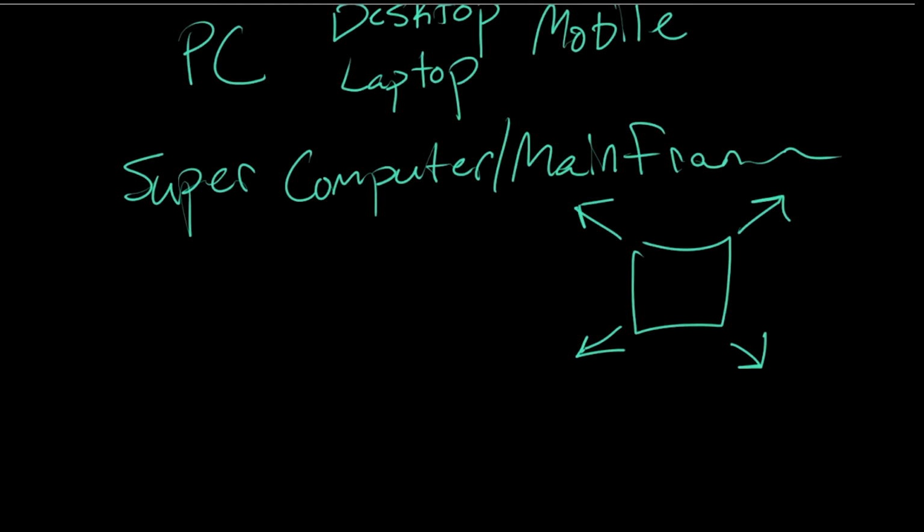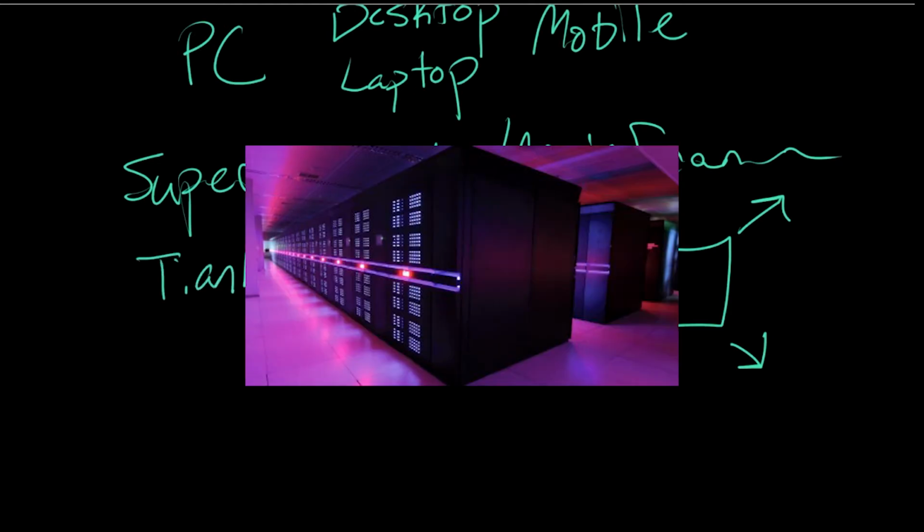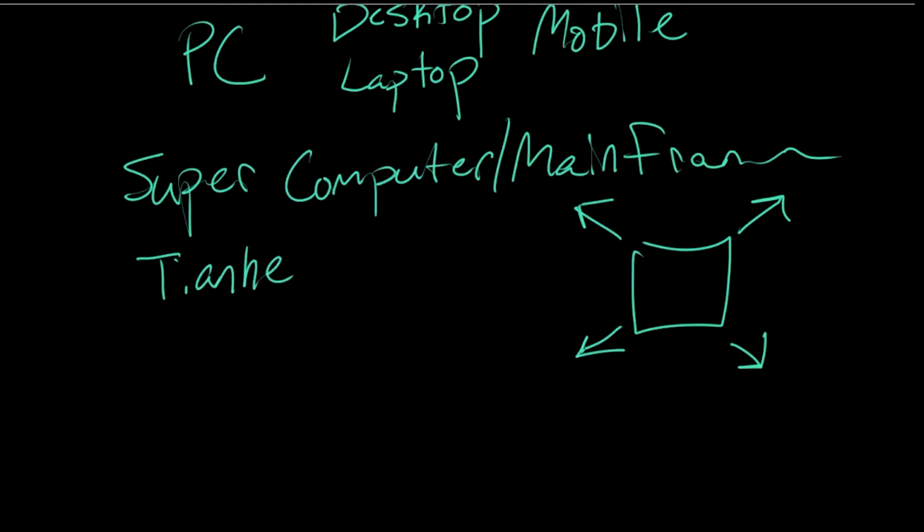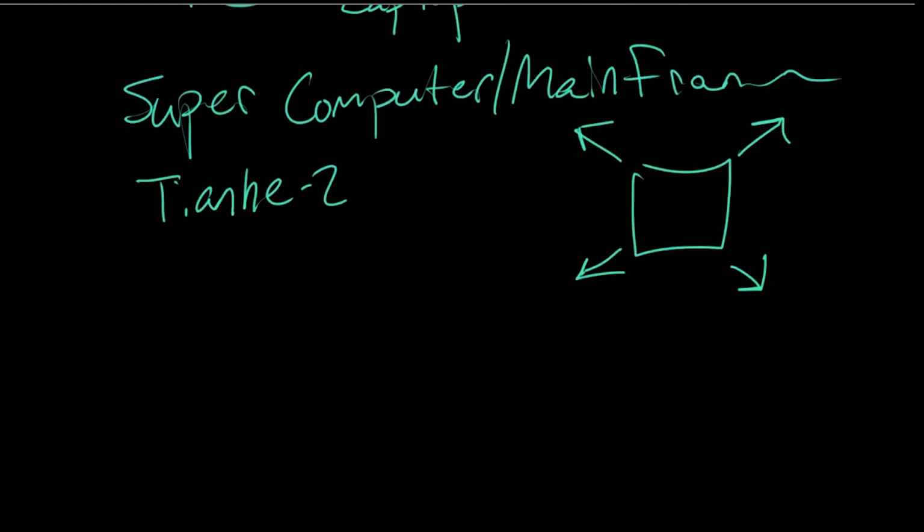For example, in China, there is a supercomputer called the Tianhe. I don't know if that's how you say it or not. I try my best. But anyway, the Tianhe-2, I guess, can do 33.886 petaflops of calculations per second. To put this into perspective, a petaflop is 1 quadrillion.